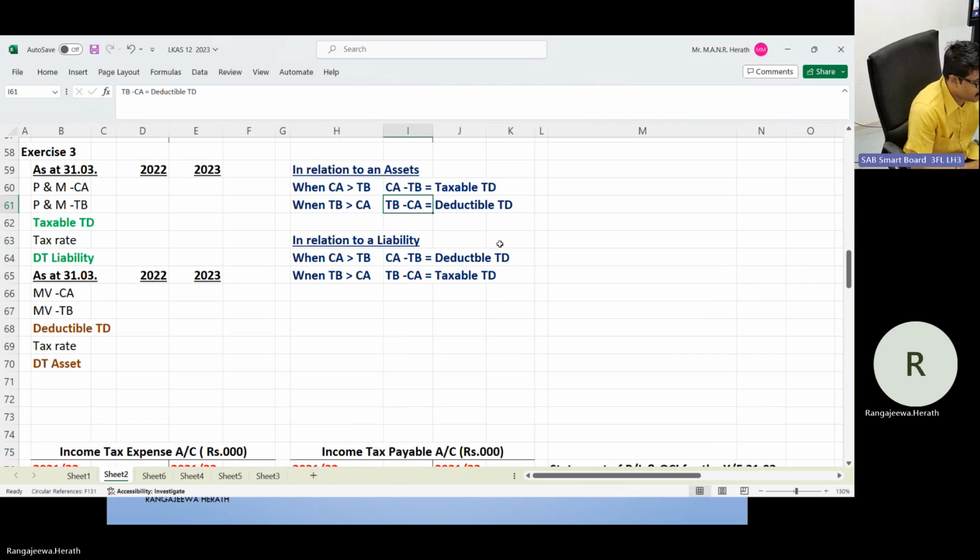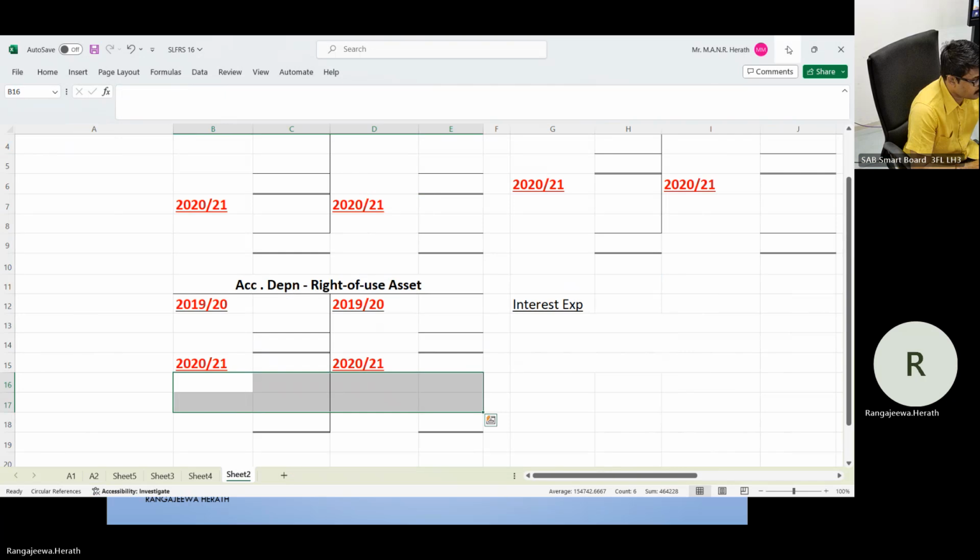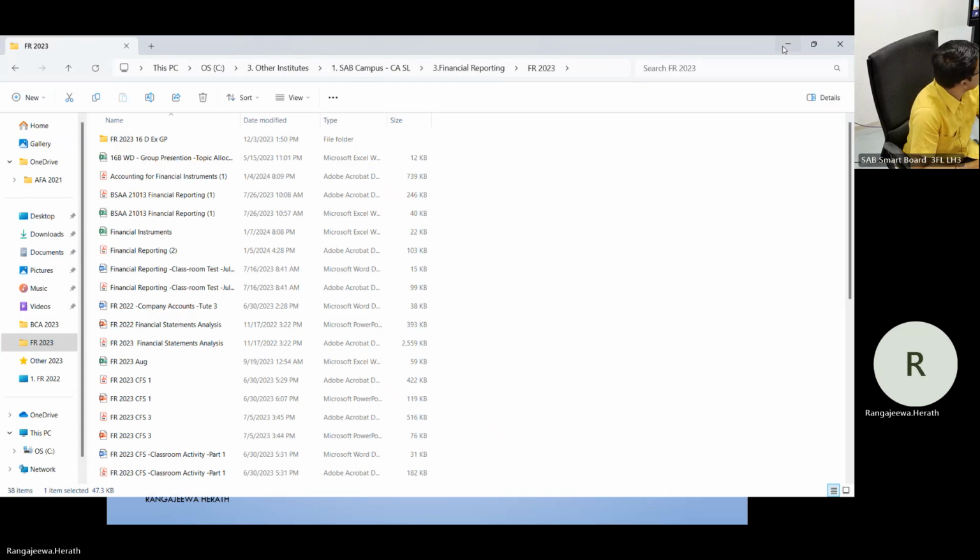So for this particular activity, you are given... Screen sharing. You can see this.